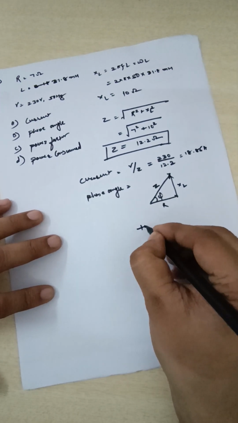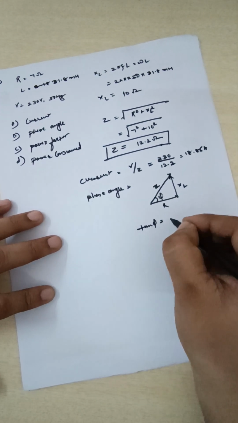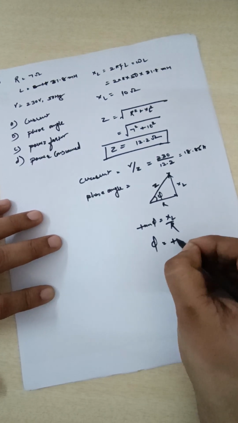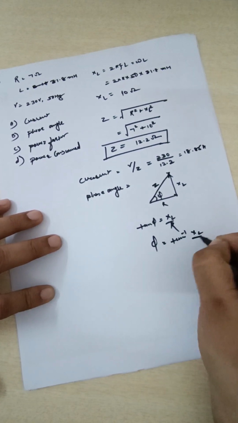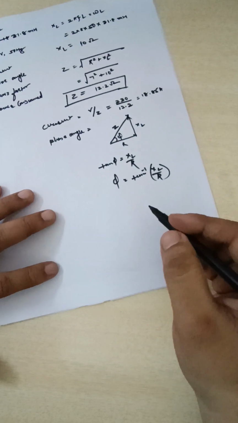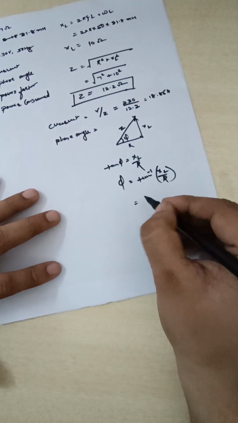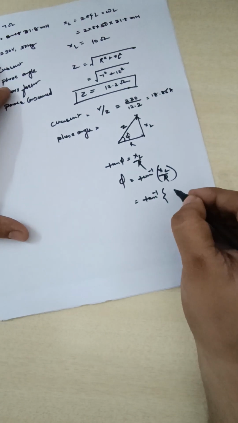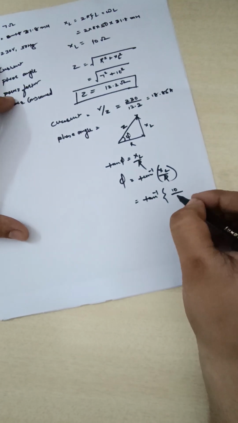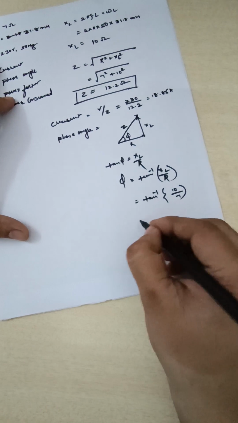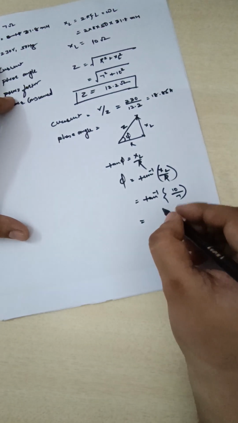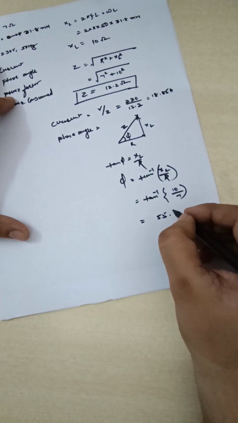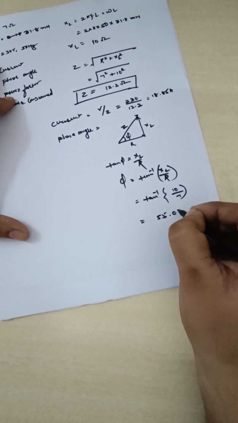So tan phi will be equal to XL by R, then phi will be equal to tan inverse XL by R. We know the value of XL and R. XL is 10, we have already calculated, and R is already given, R is 7. So it will become 55.0 degree.